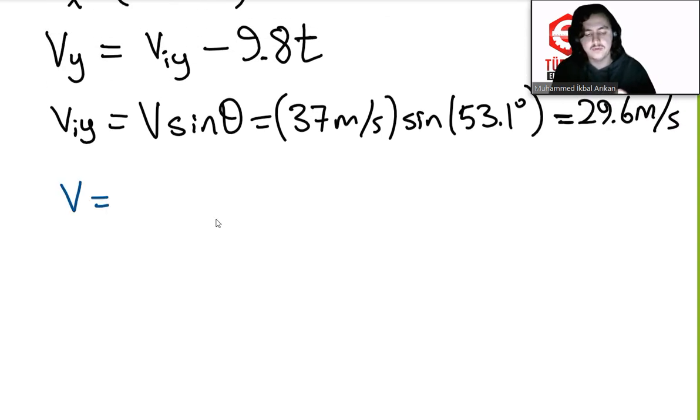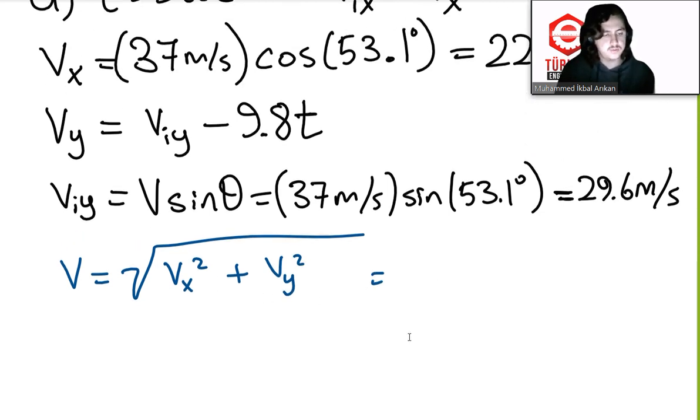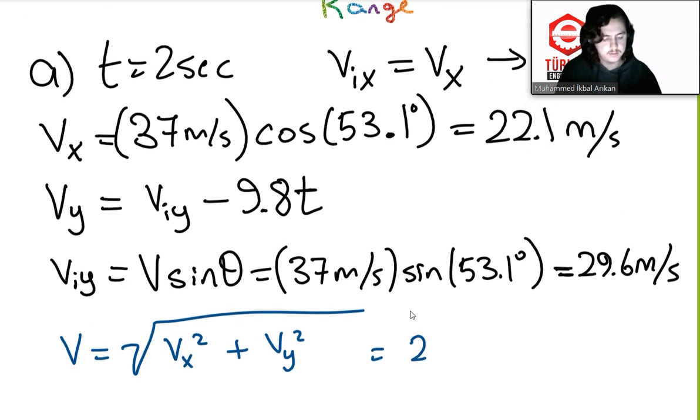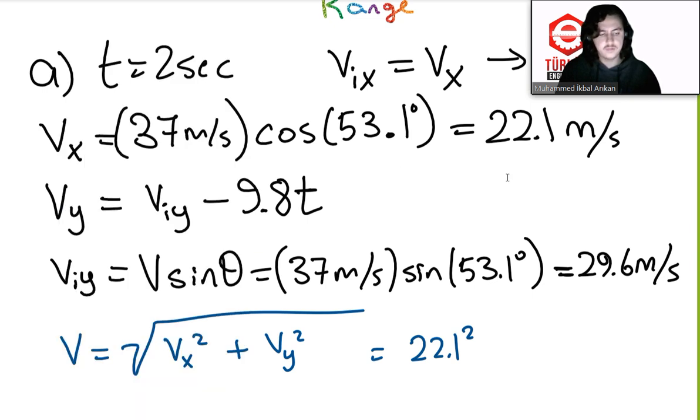As you know, we have a simple formula coming from the Pythagorean theorem. So I will put Vx squared plus Vy squared, which will be equal to 22.2 squared. Actually, I remember that I made a mistake here. I will put 22.2.